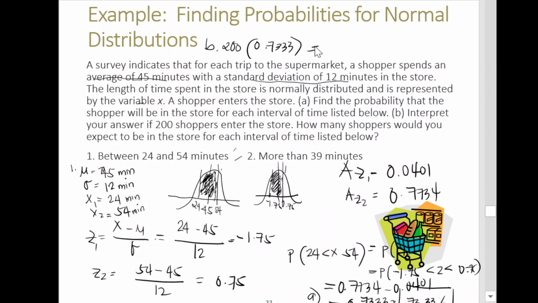That would be equal sa 146.66. So, dahil wala namang kalahating tao, automatically 147 na persons or shoppers ang ine-expect ko na mag-e-enter ng store with this probability or mag-stay within 24 to 54 minutes. 147 sila. Okay? Out of 200.